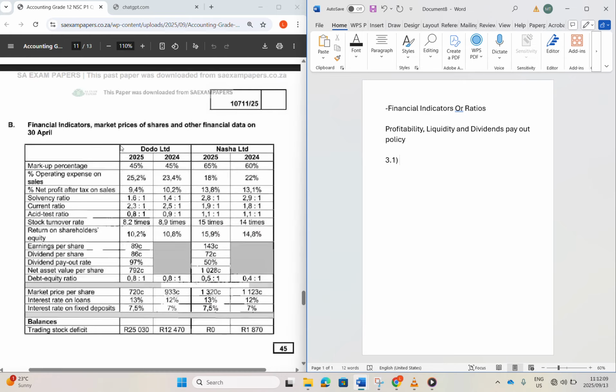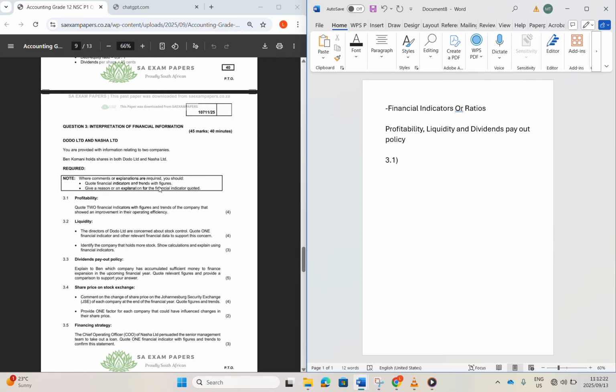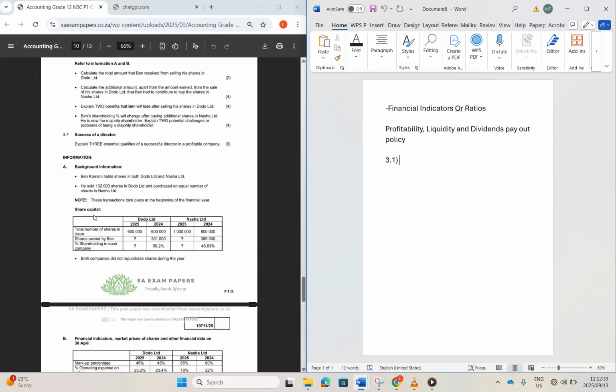So let's come to our net profit after tax on sales. So this is our profitability ratio. They said quote financial indicators with figures and trends of the company that shows an improvement in their operating efficiency.